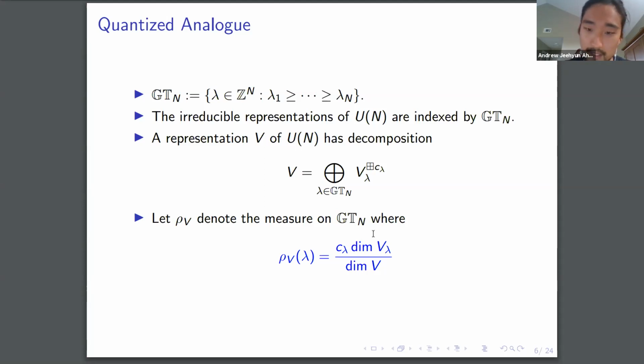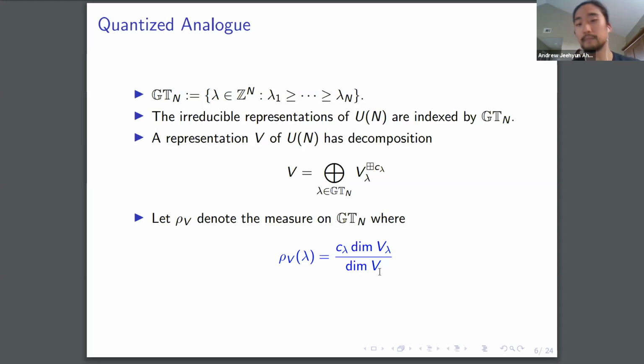What is this quantity? C lambda times dim V lambda is the dimension contributed by the copies of V lambda. Each V lambda has dimension dim V lambda, and we have C lambda copies of it. We divide by the total dimension of V.